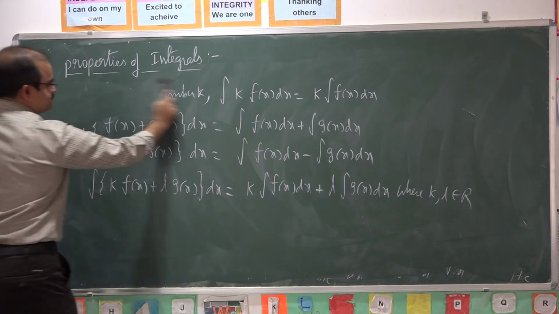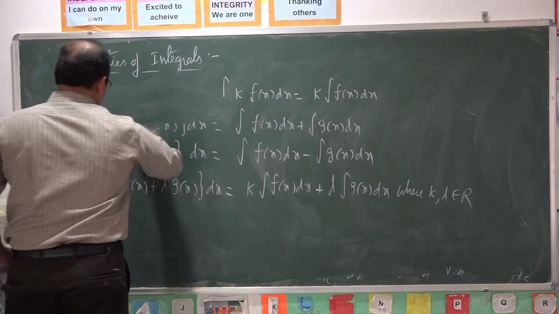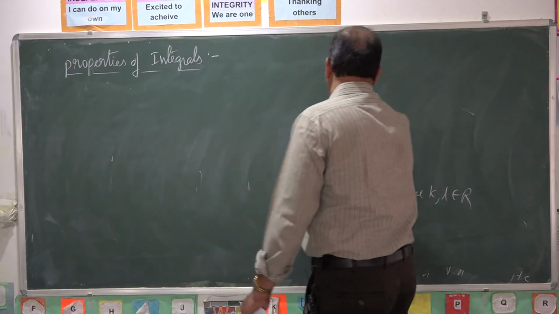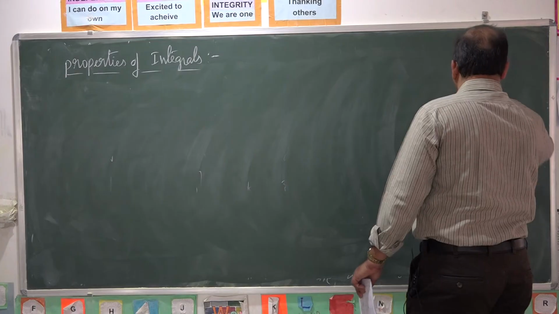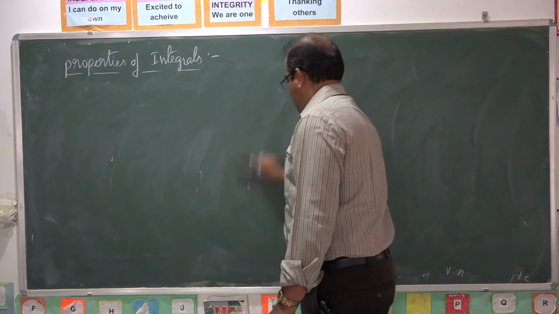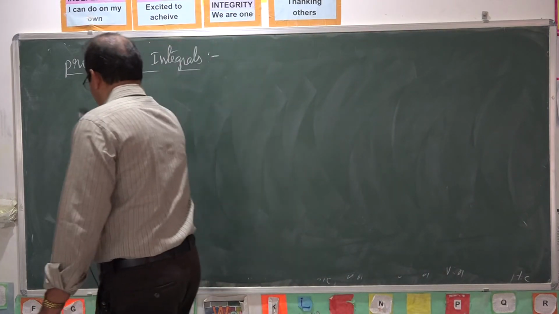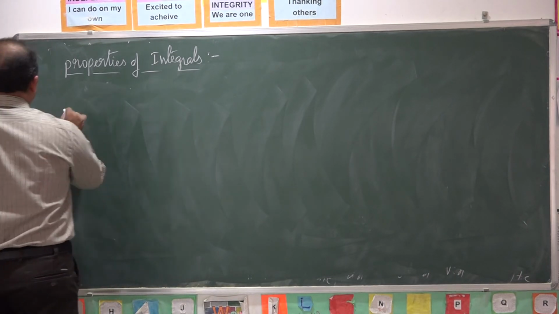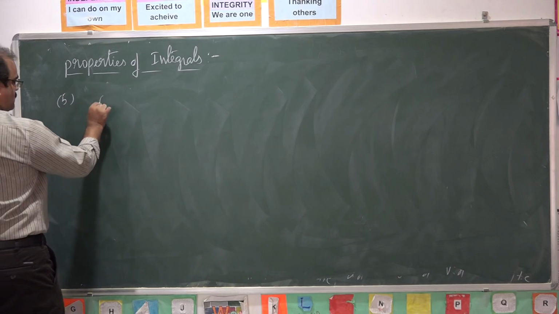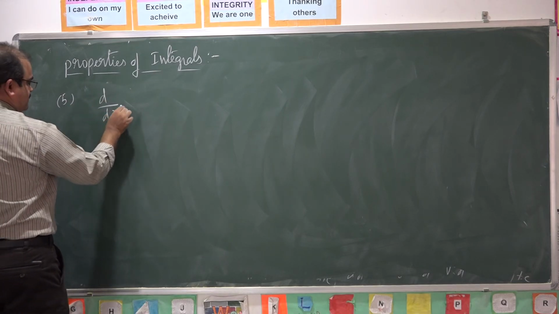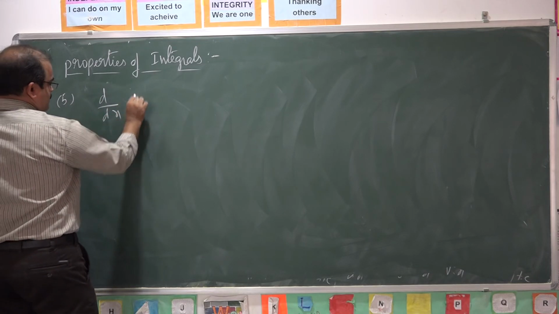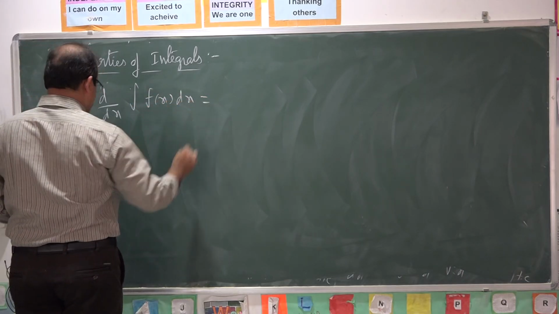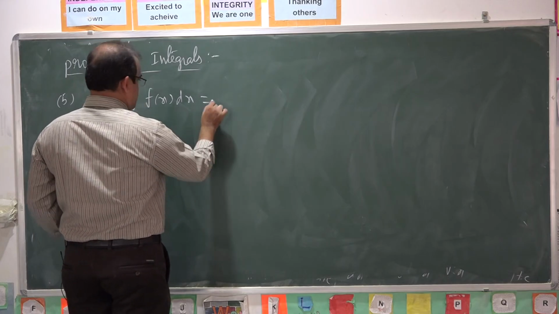Next, d by dx of integral f of x dx is equal to f of x.